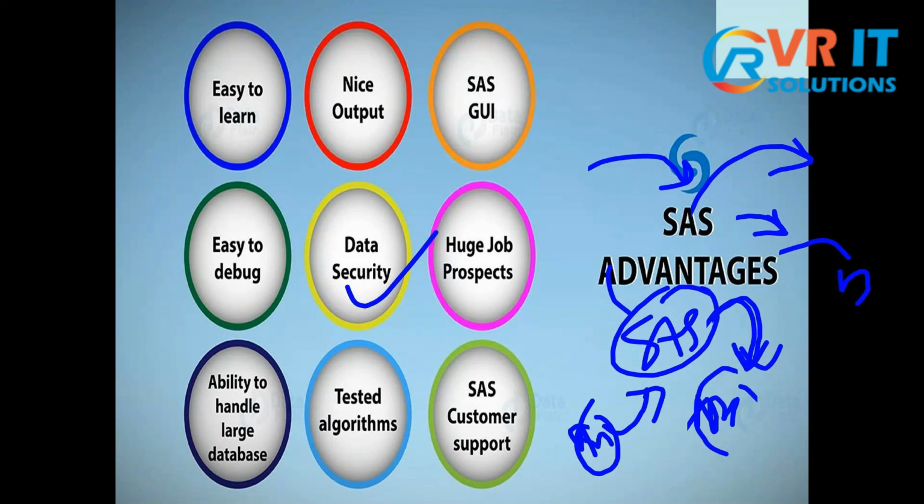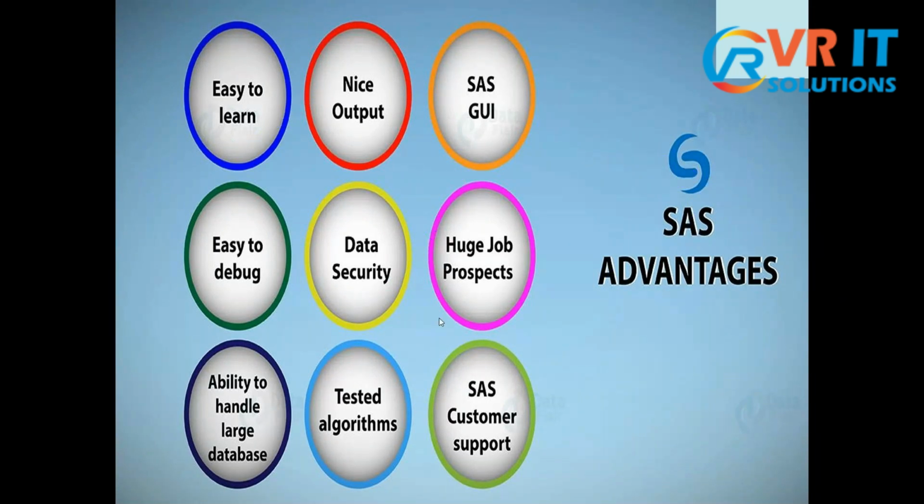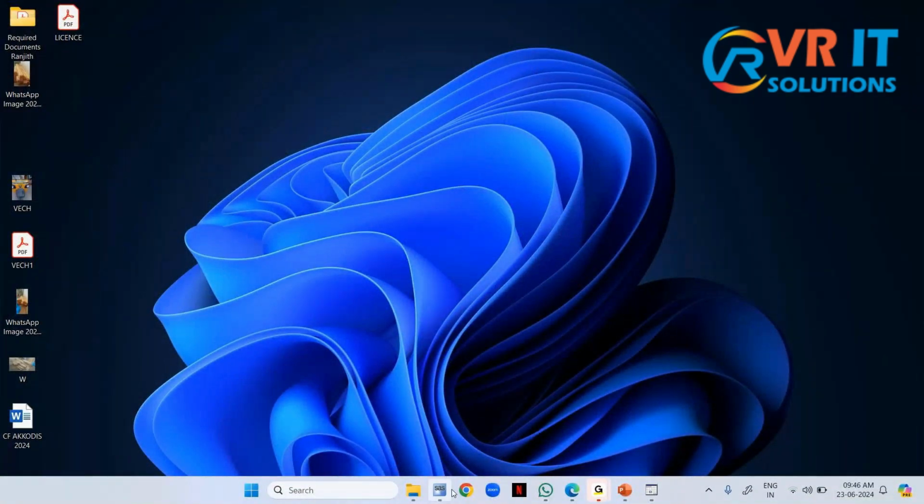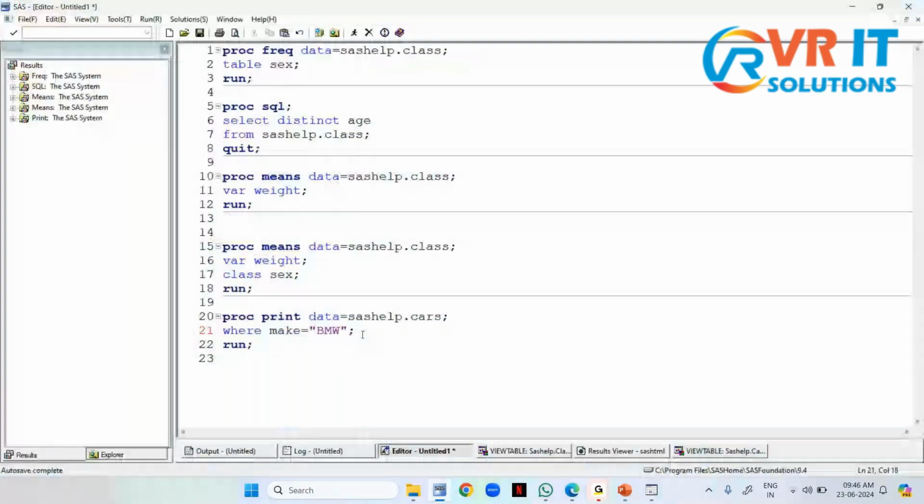It is also very easy to learn, and the user interface is very simple. Whenever we write the code, if I make a mistake, suppose I missed a semicolon, after every line we basically use a semicolon. Suppose I missed one and I am running that code.